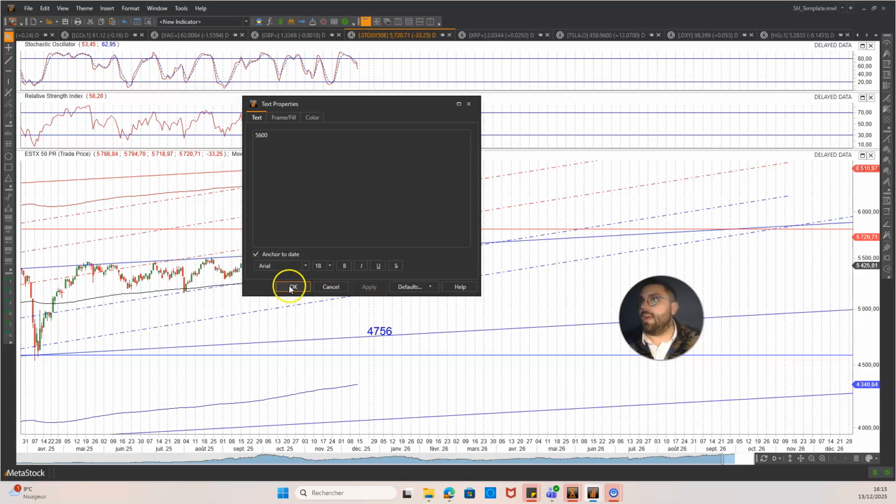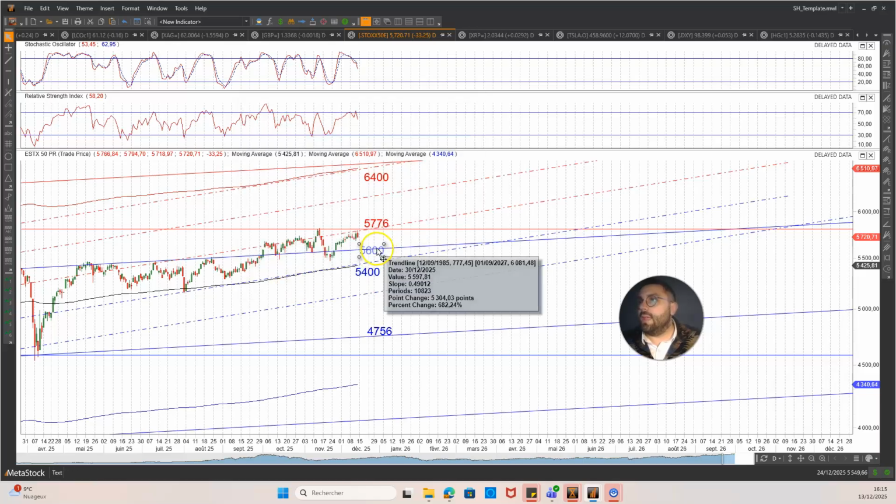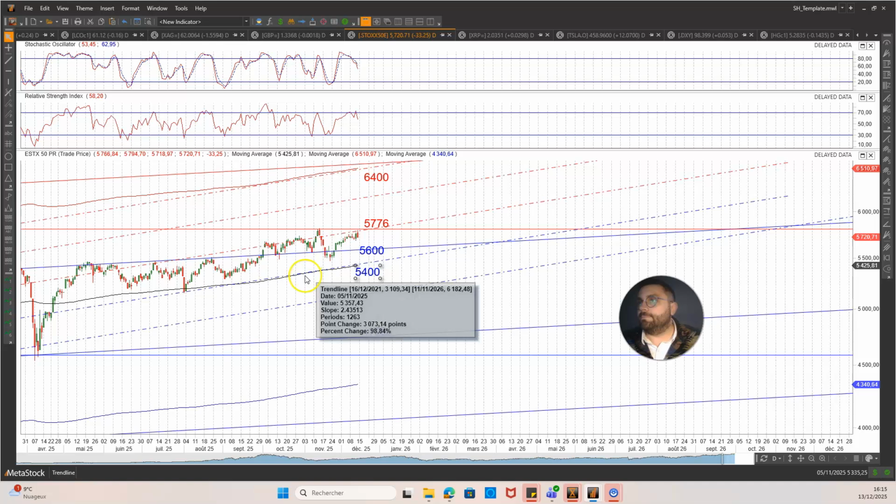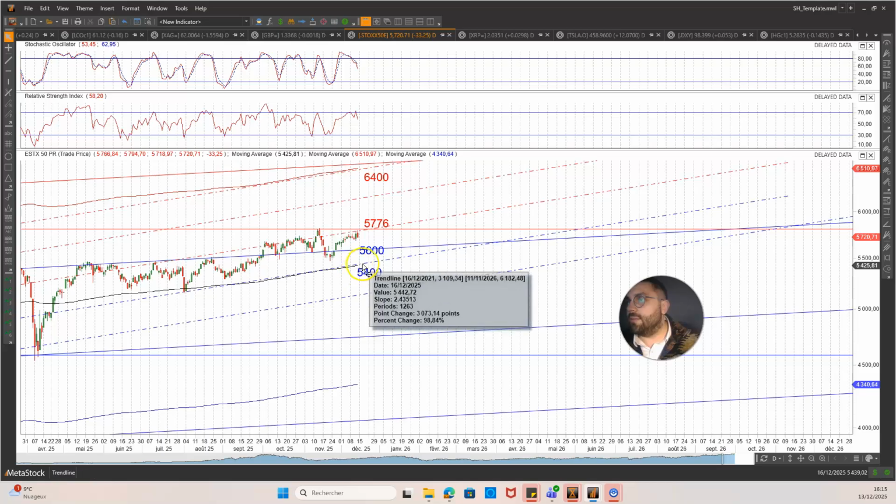So let me apply it. And we have another important support here around 5,400 points, corresponding to both the 200 days moving average support and the secondary trend support.